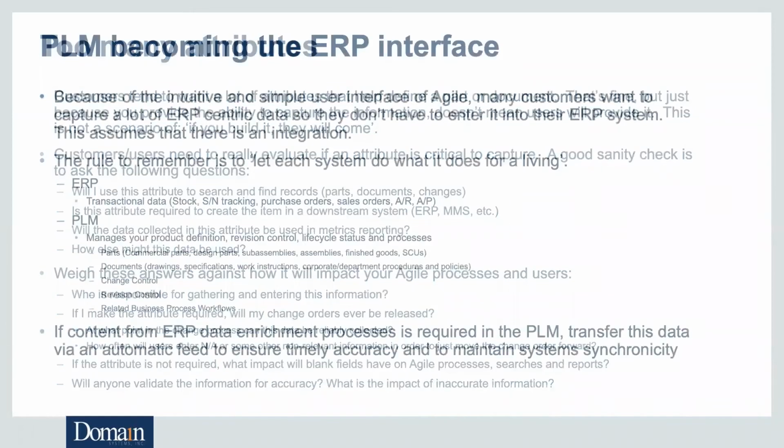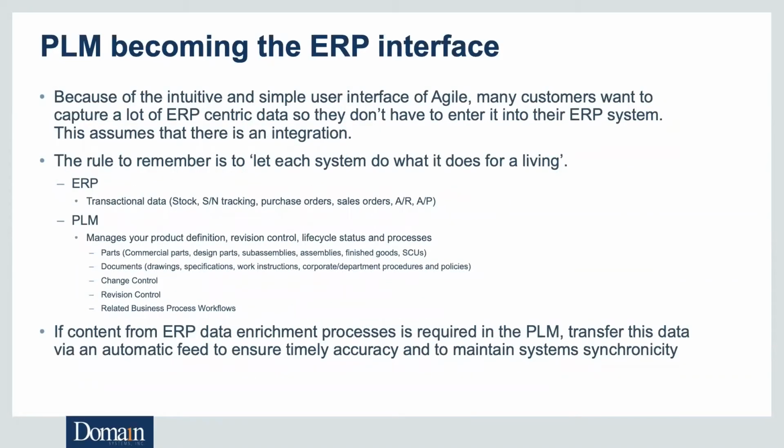Now, the reason a lot of companies put all those attributes on there is because they find that their ERP system is cumbersome, and it's easier for them to use the intuitive, simple interface of Agile to put some of this ERP data in, and then have their integration, hopefully they have an integration, passing it through the wire into their ERP system. We need to make sure that we understand that there is definitely a gray line, right?